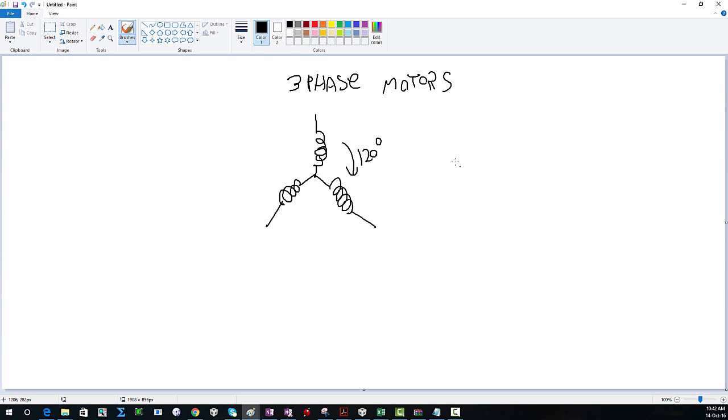Now about the motor itself. It is built from two parts. One of them is called the stator, and the moving part inside is called a rotor.